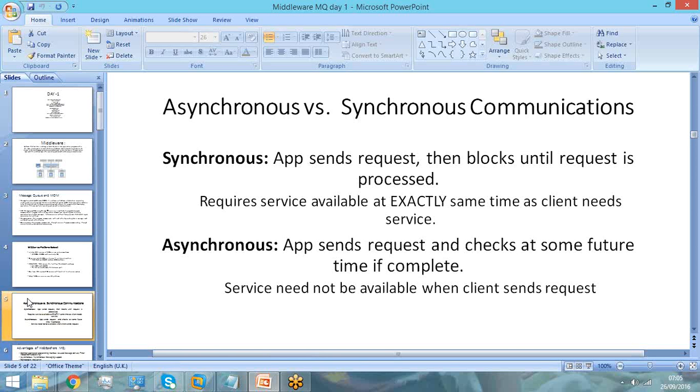So the same thing. If there are two applications communicating with each other, suppose application A sends a message. That message should be read by the receiving application, and either it will send a message back saying I have acknowledged or received this message, or it will send a response back taking appropriate action on that message, saying whatever is requested is done.